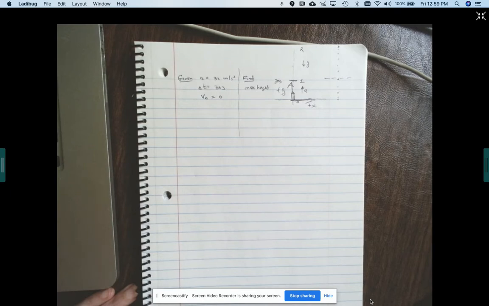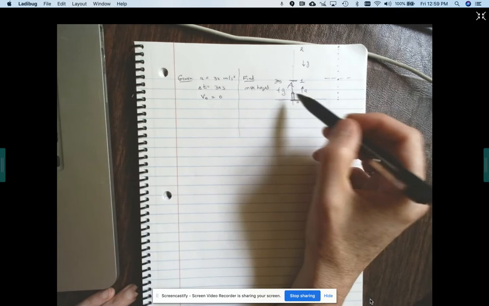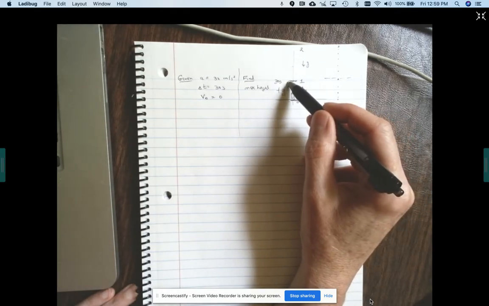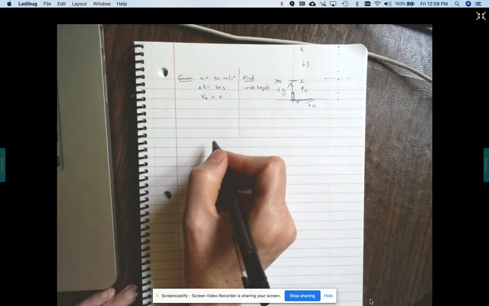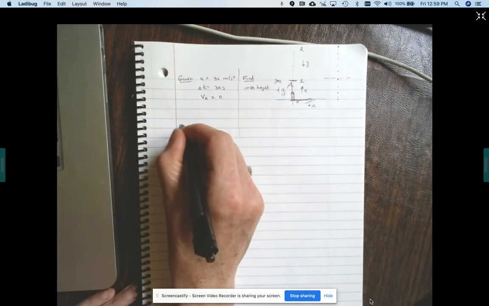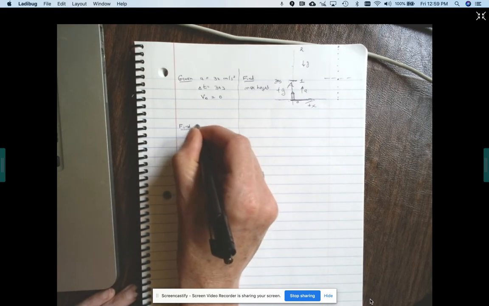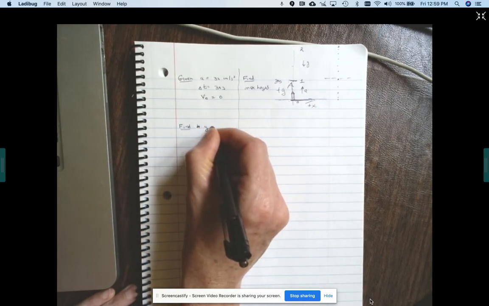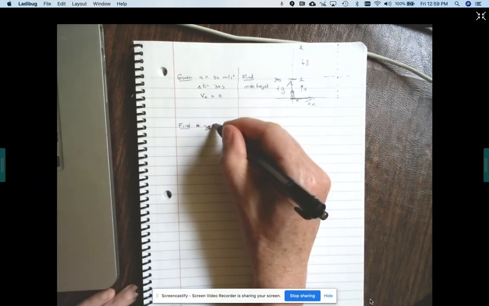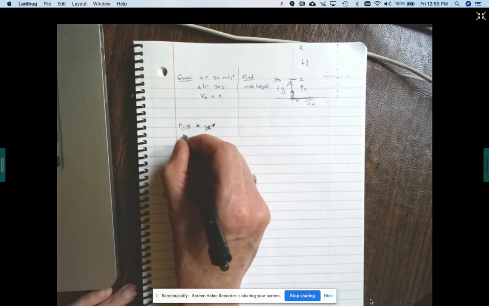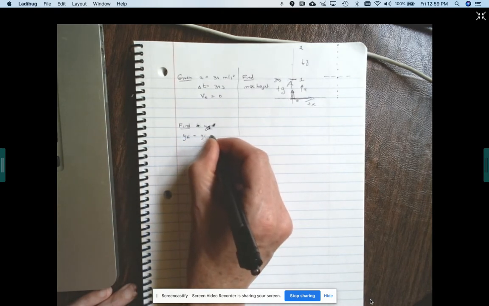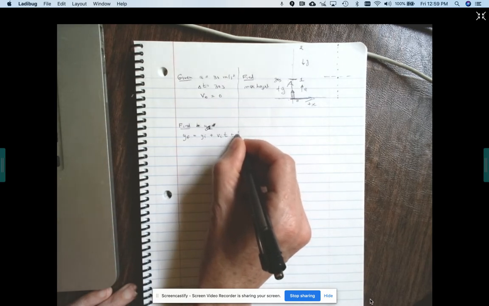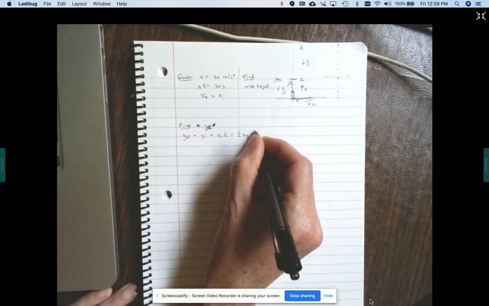Okay, so how am I going to solve this? Well, I know time and I know acceleration, so I can calculate my distance traveled to the point where the fuel kicks off. So the first thing I'm going to do is find y1, the y value at point 1. The general relationship is y final is y initial plus v initial t plus 1/2 a_y t squared.